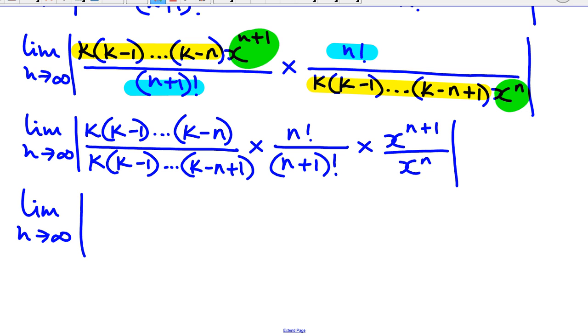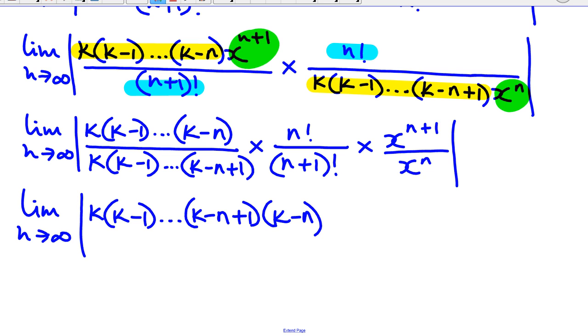So basically, this numerator I can write as k into k minus 1 up to k minus n plus 1, multiplied by k minus n, because k minus n plus 1 comes before you get to k minus n.